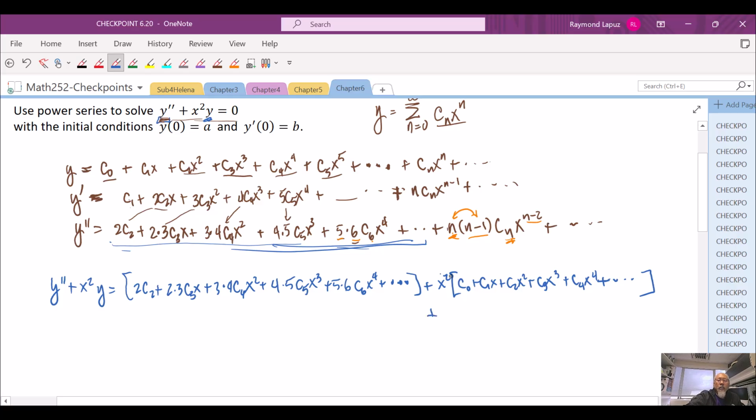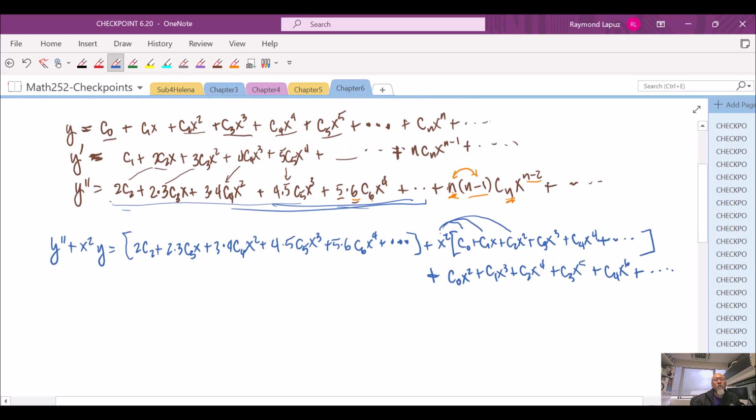Now we're going to distribute this x squared throughout, technically distributing it infinitely, but it'll look like this: c sub 0 x squared plus c sub 1 x to the third plus c sub 2 x to the fourth plus c sub 3 x to the fifth. Let's do one more: c sub 4 x to the sixth power, and dot dot dot.